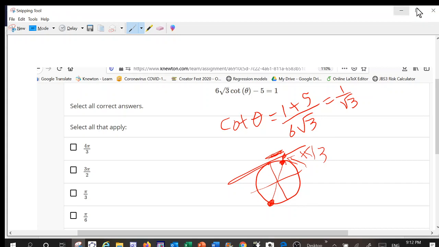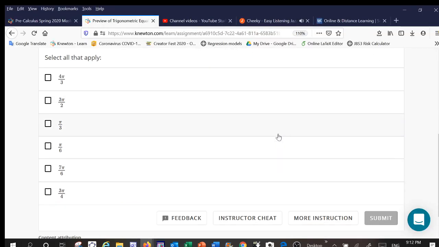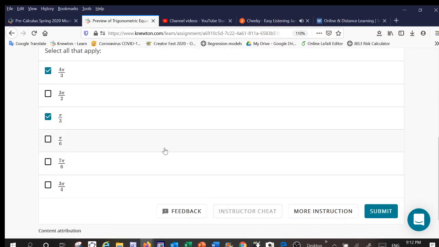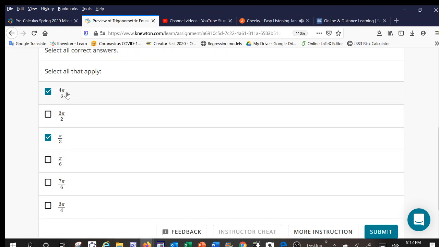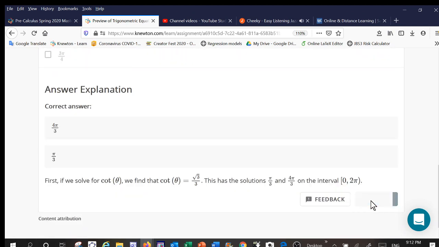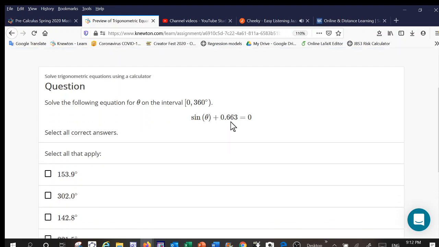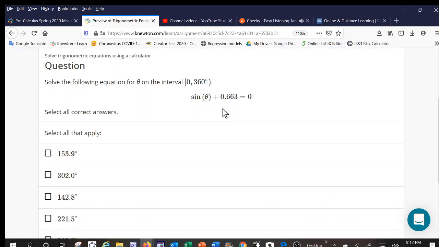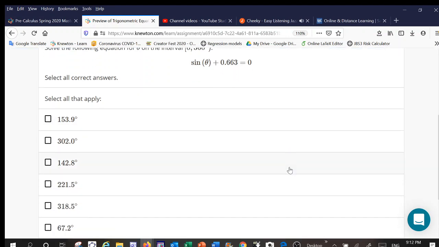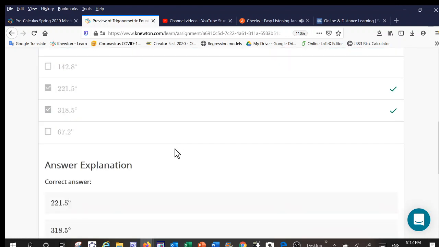And so there are two answers, pi over 3 and pi over 3 plus pi, which is 4 pi over 3. All right. And same kind of stuff, you can use a calculator to do this. It's a very simple one. These are just using calculators, approximating.